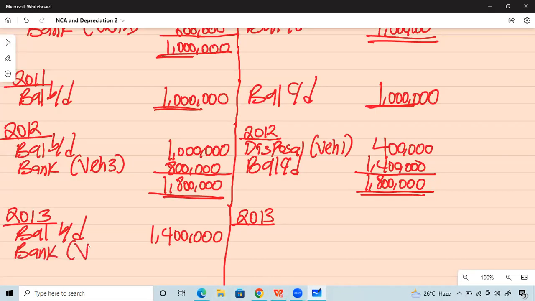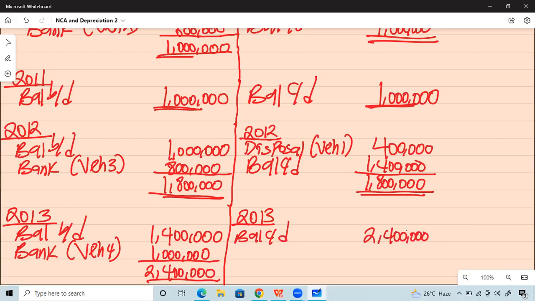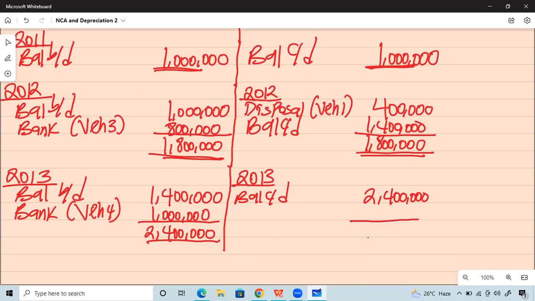So bank, vehicle 4, which is 1 million. So addition of the two, that's 2.4. So you can see how simple it is. The very simple stuff. This is 2.4.